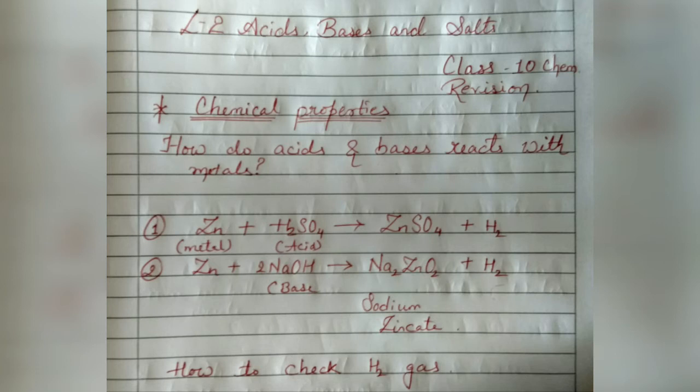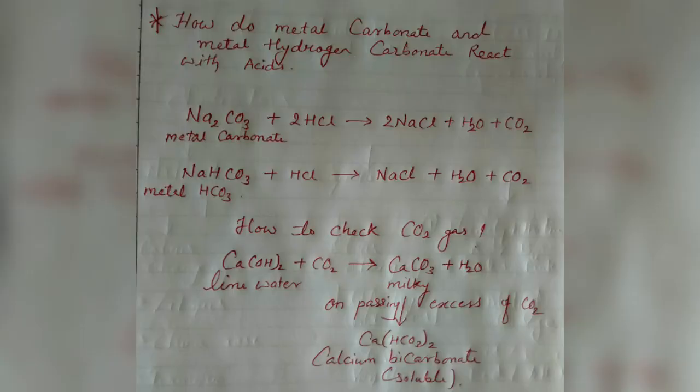This indicates that the gas liberated is hydrogen gas. The gas could be oxygen, hydrogen, or any other gas, so how do we know? The bubbles burst with the pop sound.